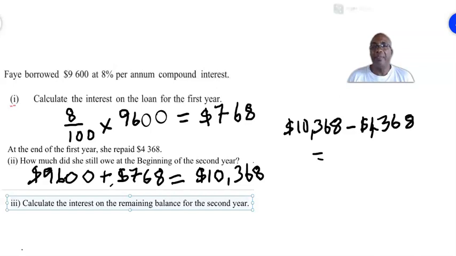When you subtract that, we are going to get $6,000 as the amount she still owes.